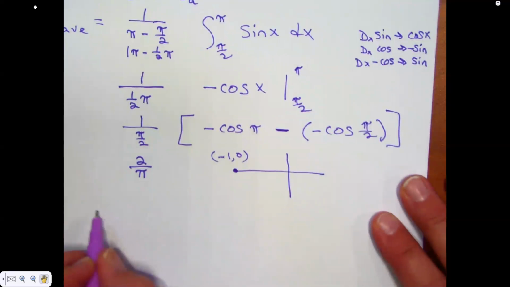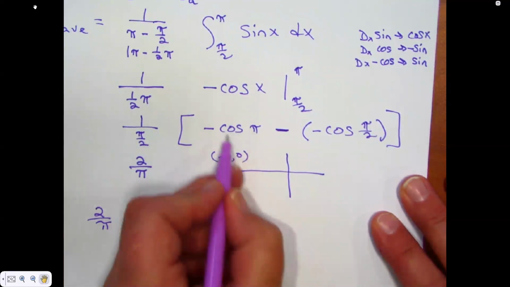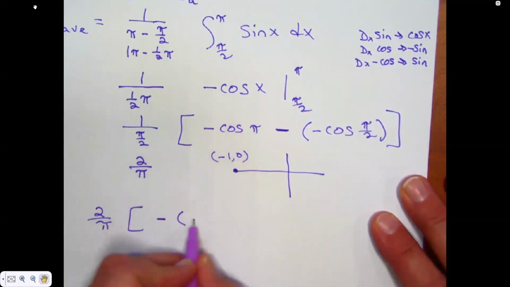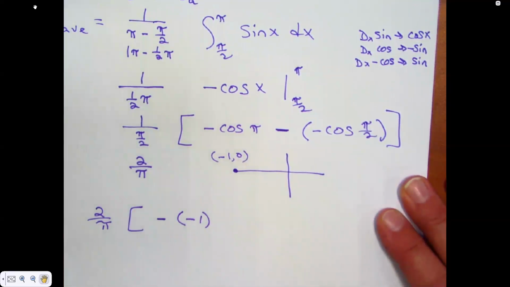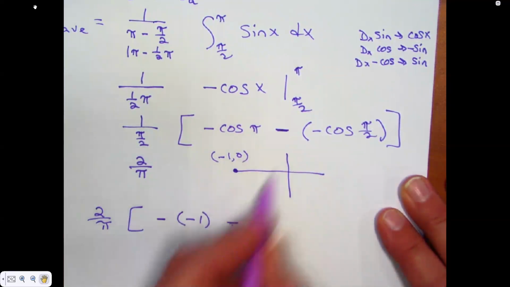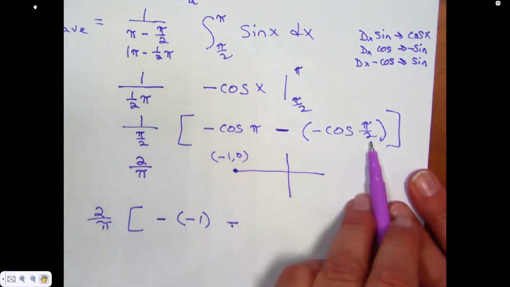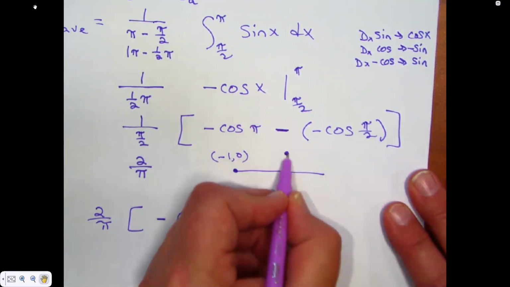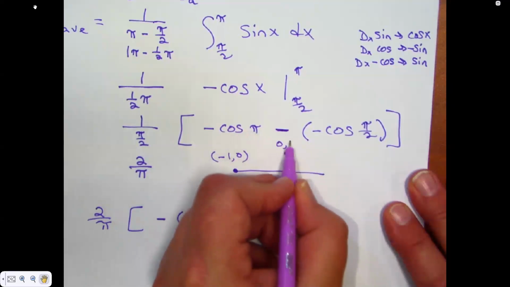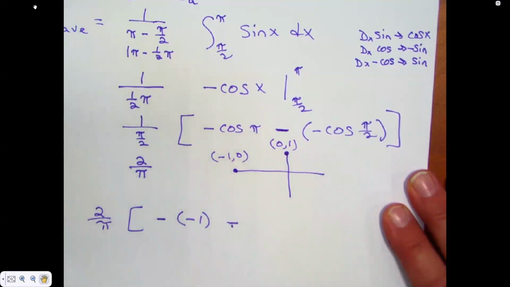So okay, so we've got this 2 over pi floating out here. We've got this negative, and then cosine of pi is -1. And we got this minus. This minus is this guy. All right, what's cosine of pi over 2? Pi over 2 is up here. 0, 1. So cosine is x, and x is 0.